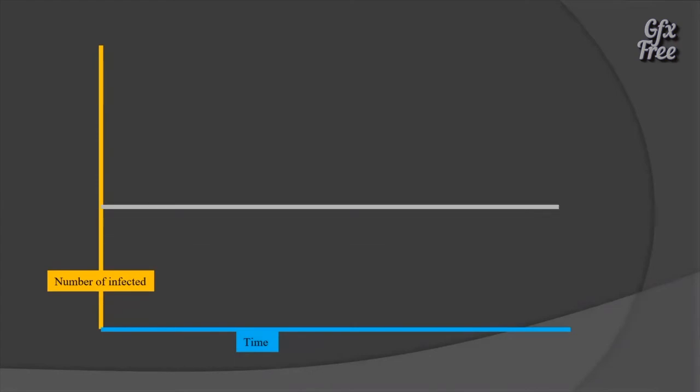If the reproductive number gives a straight line, it means R0 is equal to 1. That is, one infected person passes the infection to one new person. As I said, based on how quickly they spread, that is R0. So R0 of 1 is one person infecting one other person.